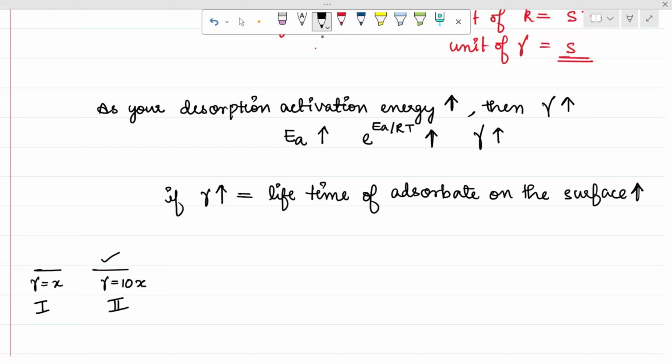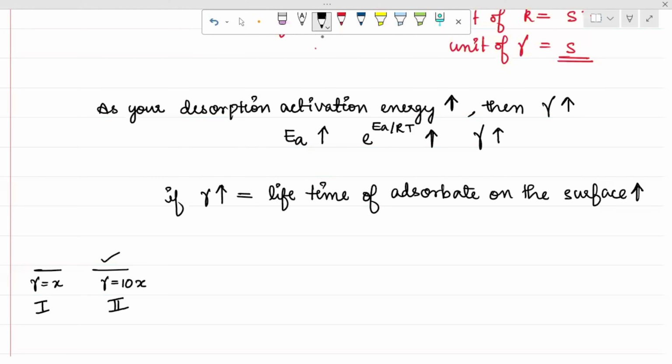So the lifetime would be high, and also the activation energy which is required to desorb the gaseous molecule from the surface will also be high. Okay. So you can get questions in GATE. In earlier times, it was only in GATE. Nowadays, they're asking in CSIR-NET exams as well.